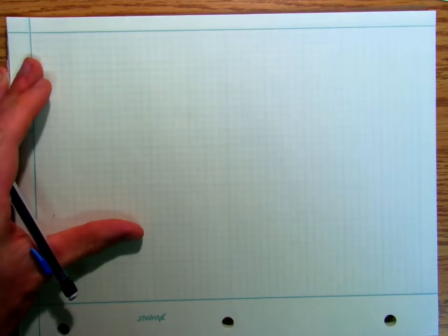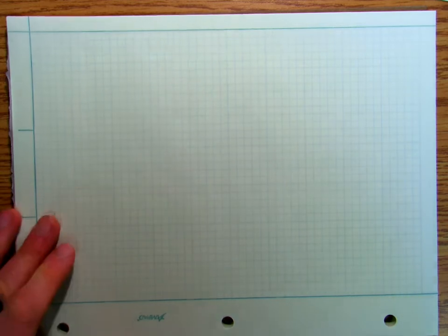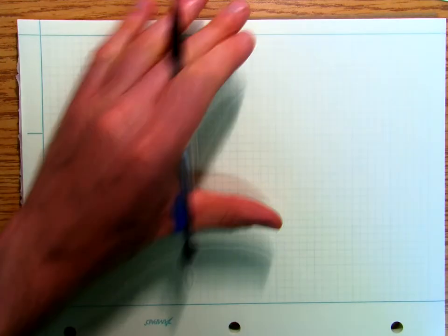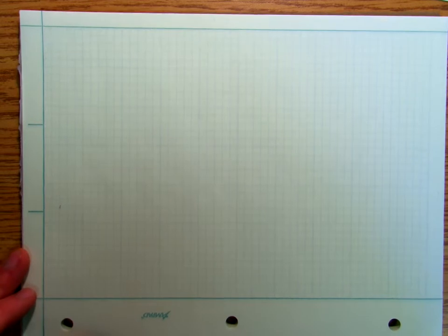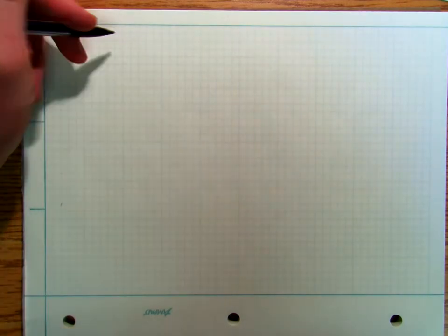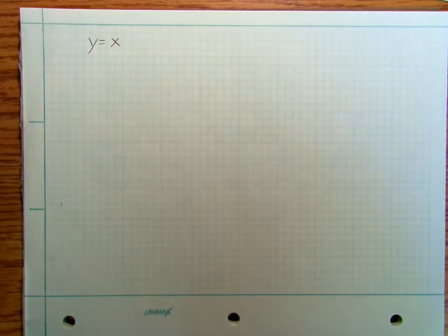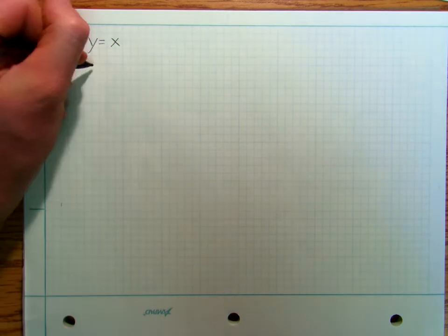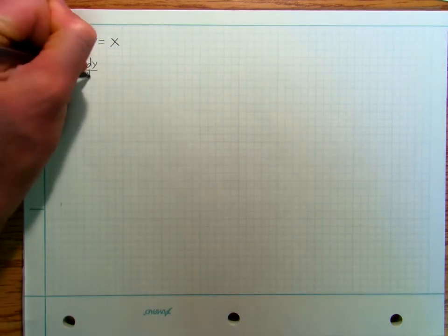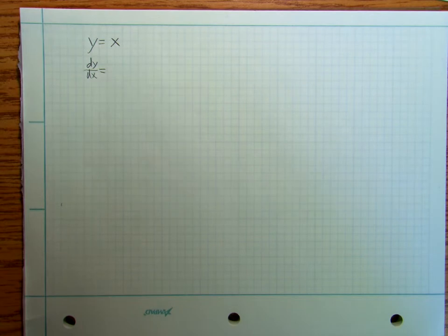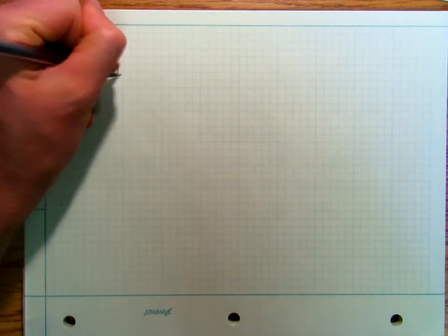Okay, so what I want you guys to do is to start working backwards. So if I say y equals x, then I ask what dy dx is equal to. You should be able to answer that, and it's 1.